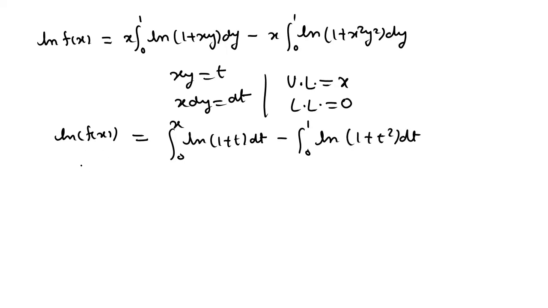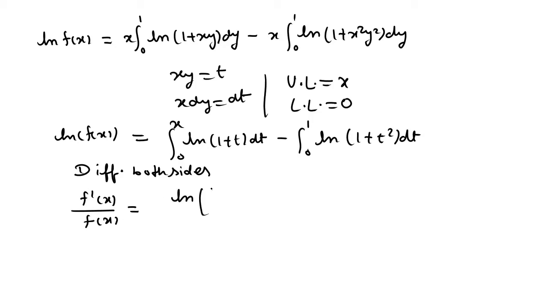So you can differentiate both sides to get the value of f(x) and f'(x). Differentiating both sides, we get f'(x)/f(x) = ln(1+x)/(1+x²). Now we will check every option one by one.